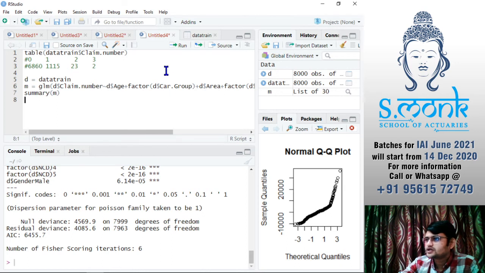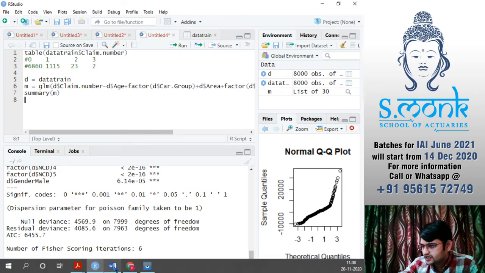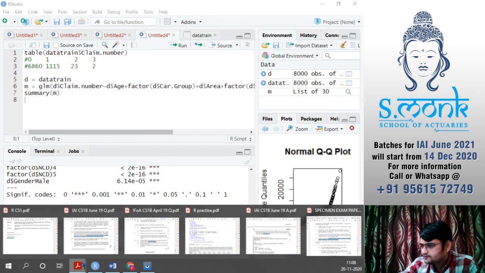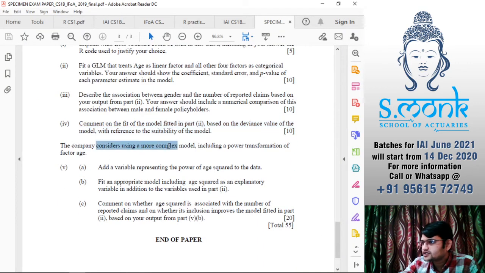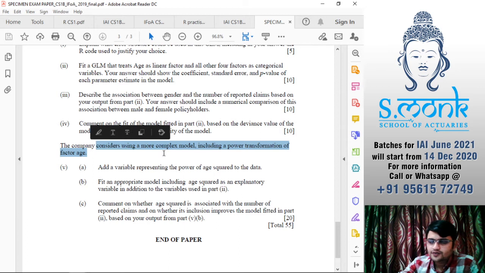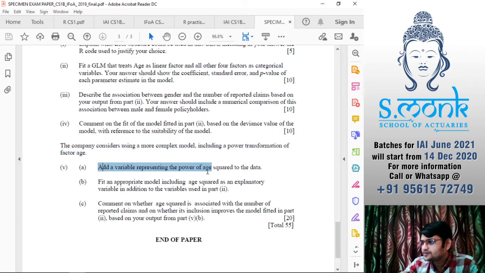Now let's take the second model into consideration. They are asking us to create another model. They are saying the company considers using a more complex model, including a power transformation of factor age. So add a variable representing age squared to the data. We can just make another variable.